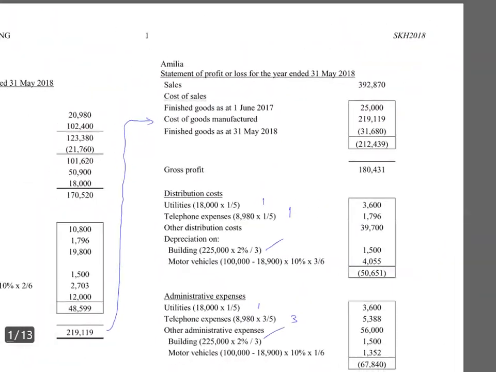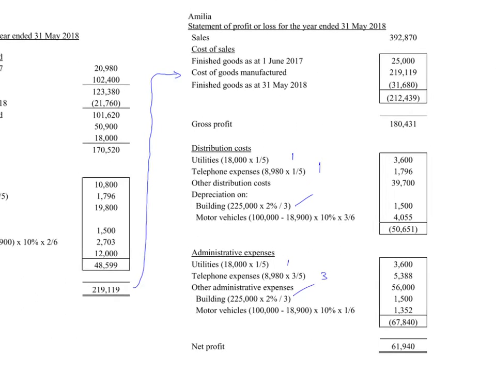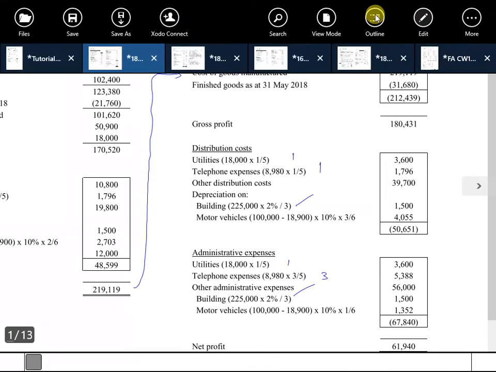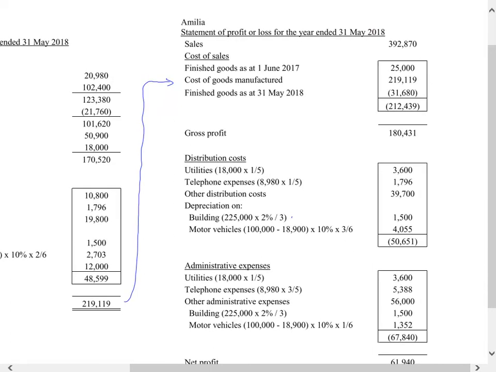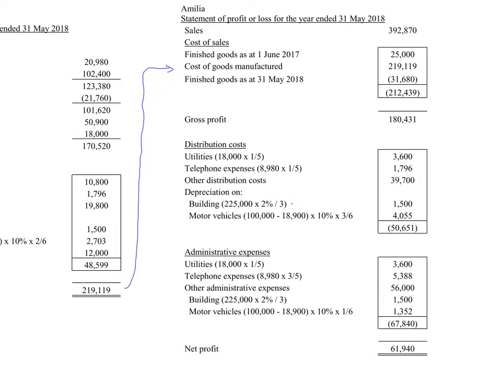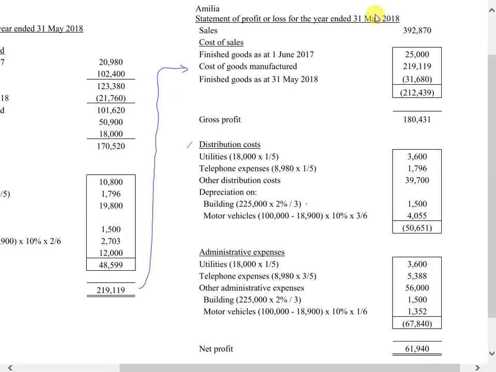Answer. You see, your expenses, you have distribution, you have admin.